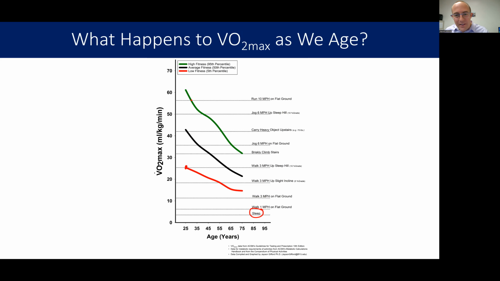So maintaining a high VO2 max by maintaining your fitness level and living a good, healthy life not only looks good for your athletic performance, but it's also going to make activities of daily living more sustainable. Because as you age, climbing up that flight of stairs to your apartment is going to go from being something easy to something more like an athletic event.